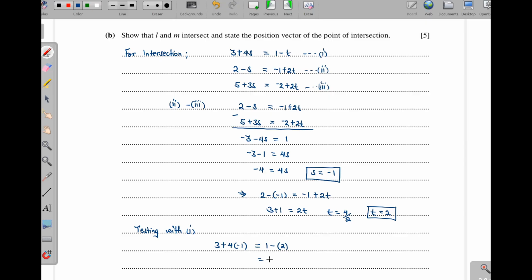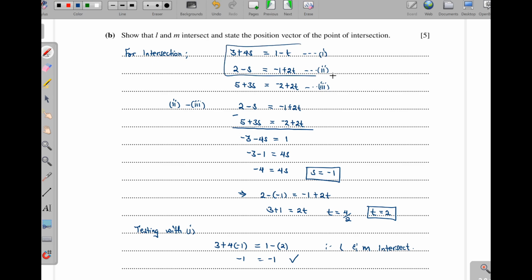So here we can see that we are getting a -1. And then here 3 minus 4 will also be -1, which is okay. Then we shall say that therefore L and M intersect. You see that? Because that equation has been satisfied.